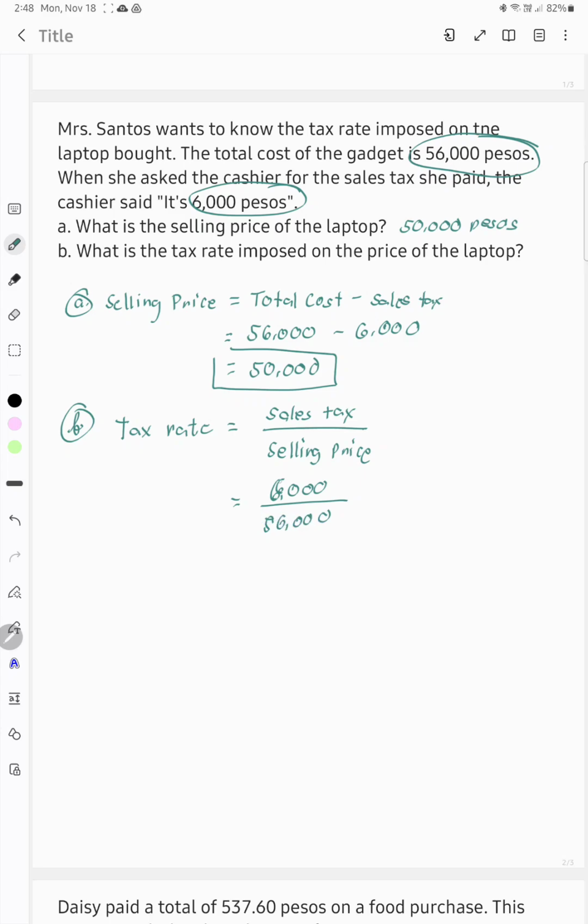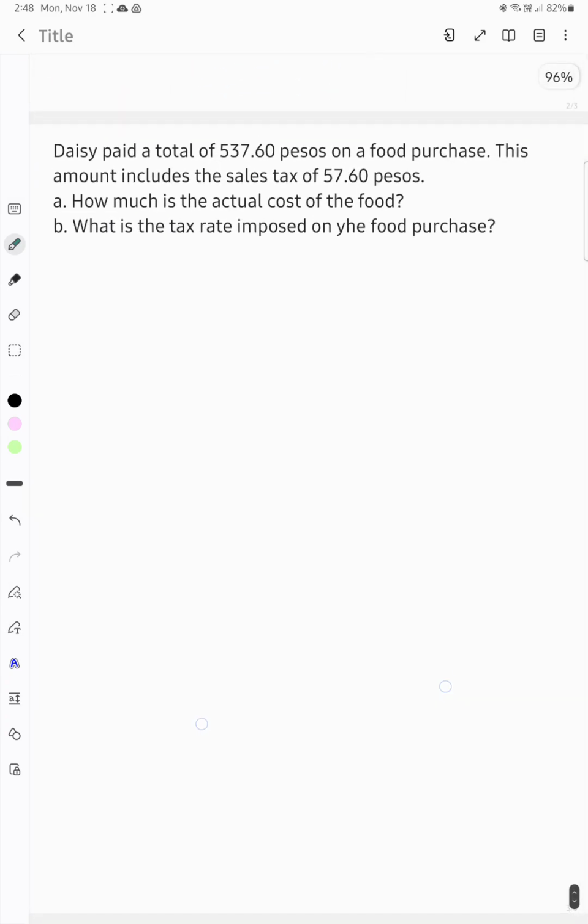Dividing that, we get approximately 0.12, or in percentage, 12%. So therefore, the tax rate is 12%. Let's have another problem so that we could look at another case.